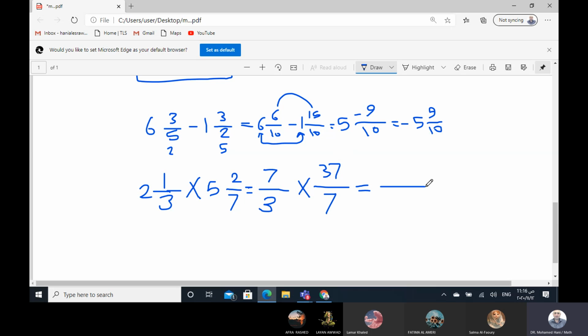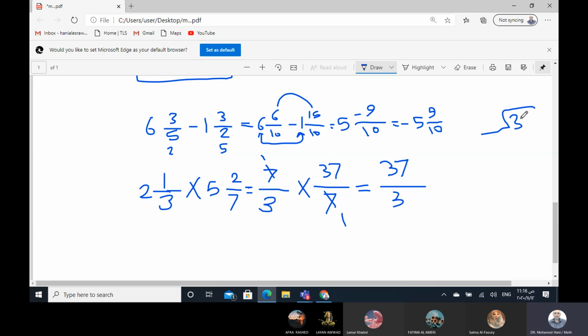Now you can multiply. For an easy way, before the multiplication, you can simplify. Here you have 7 up and here you have 7 down. 7 divided by 7 will be 1. So up remains 1 times 37 will be 37, and down remains 3 times 1 will be 3. Here you can change the fraction to a mixed number.